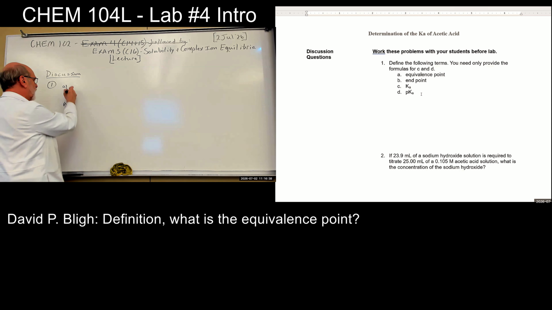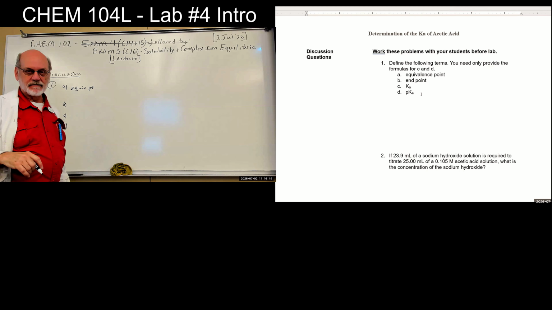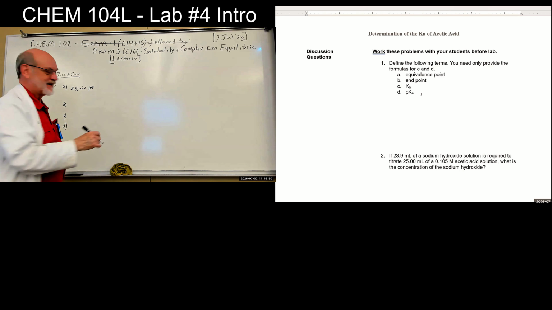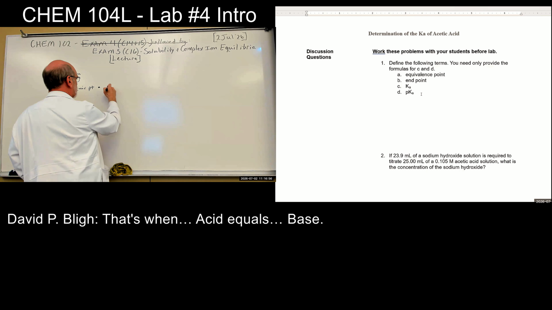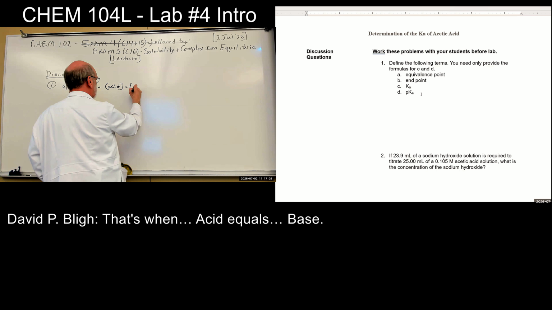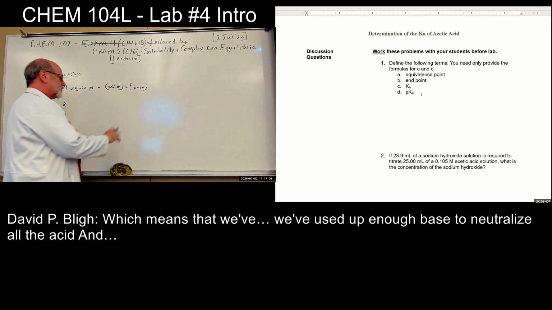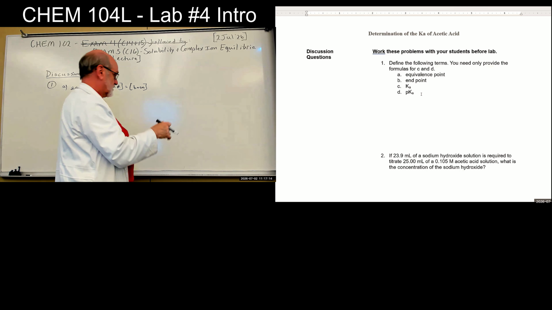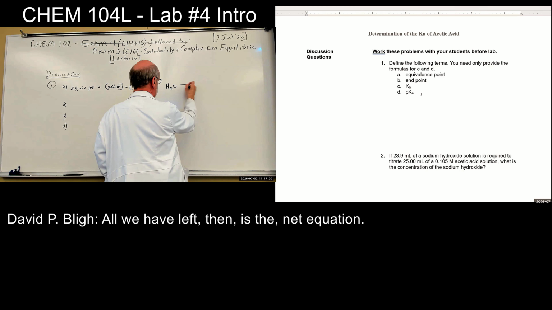Definition: what is the equivalence point? That's when acid equals base, which means that we've used up enough base to neutralize all the acid.